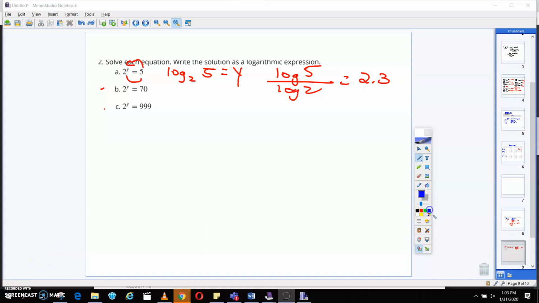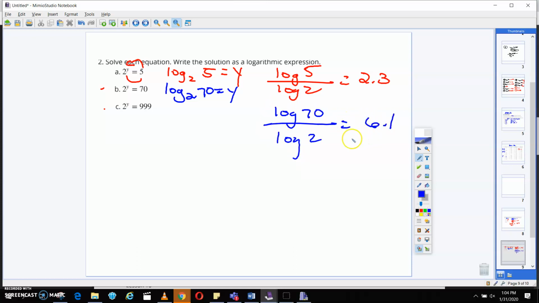Okay, so on this next one, if I write this out in log form, I'm going to have log base 2 of 70 equals y. So if I put this into my calculator, I'm going to do log of 70 divided by log of 2, and I get 6.129728307. Okay, what Jacob said. So then 6.13.